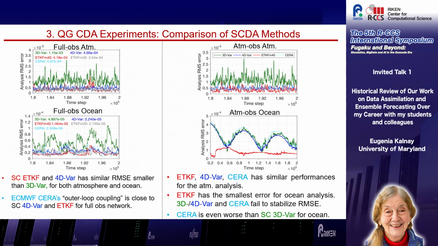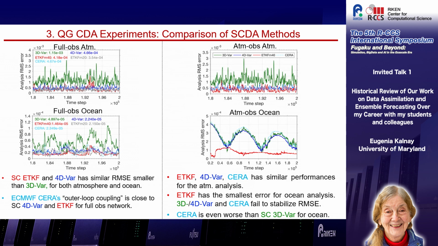Cheng Da also compared all strongly coupled approaches for all data assimilation methods under different observing networks. Many interesting results are obtained in this study. For example, under a full observing network, strongly coupled ensemble Kalman filters and 4D-Var show similar performance better than 3D-Var.